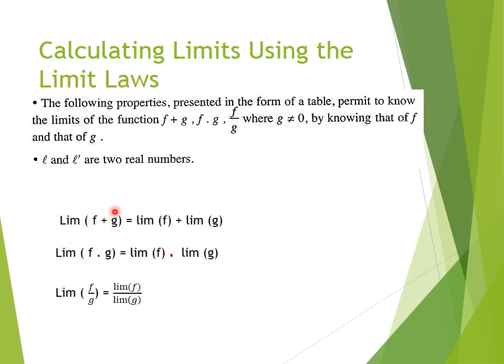So the limit of f alone plus the limit of g alone. Also, if they are multiplied by each other, I can find the limit of f alone and the limit of g alone and then find their product. Also, the division. If I have two functions that are divided by each other, I can calculate the limit of each function alone.